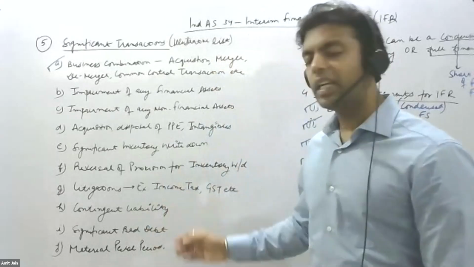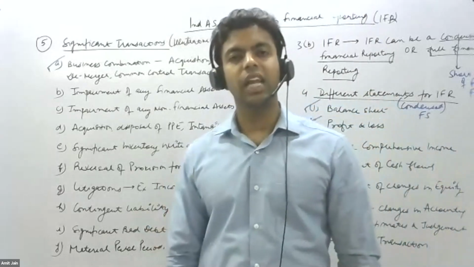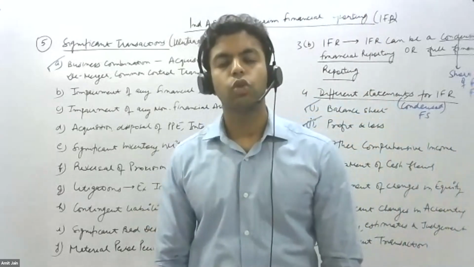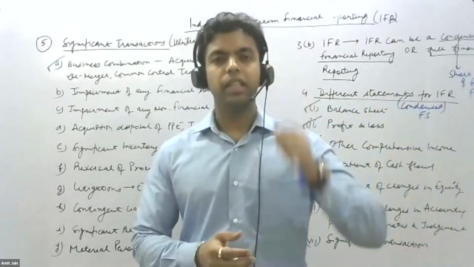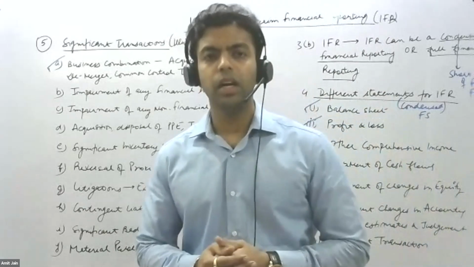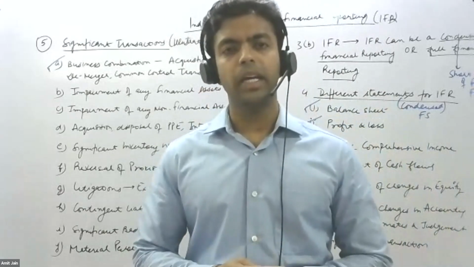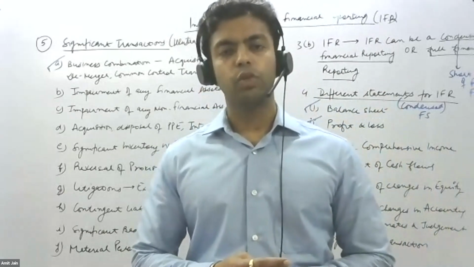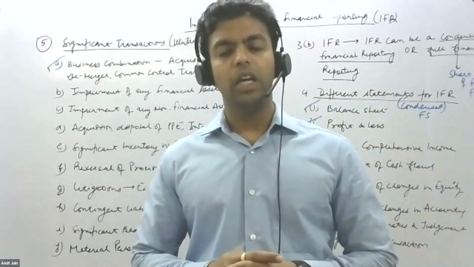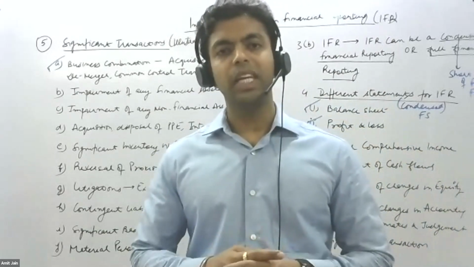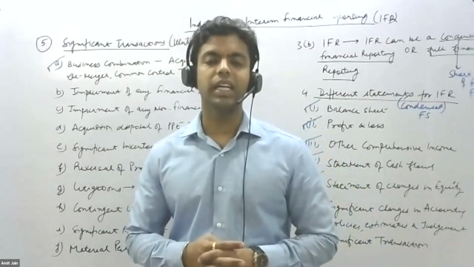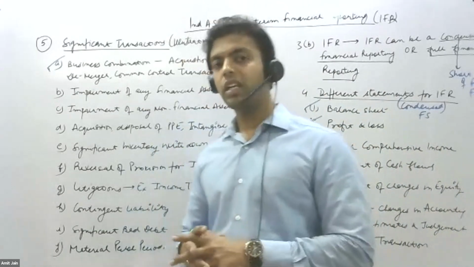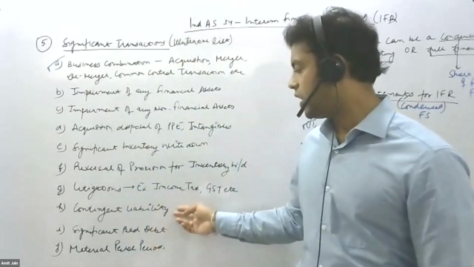What else? Contingent liability. If there is any contingent liability, that needs to be disclosed. What can be the form of contingent liability? It can be in the form of a suit filed by a debtor on the company, or a suit filed by a vendor on the company. If the company has given any guarantee on behalf of someone else, that is considered a contingent liability that needs to be disclosed.